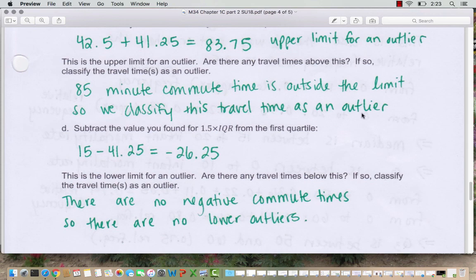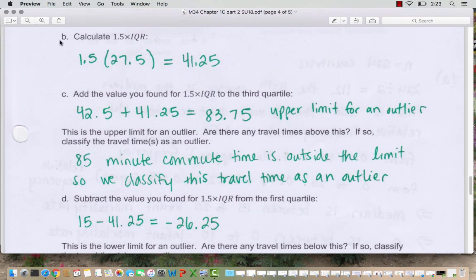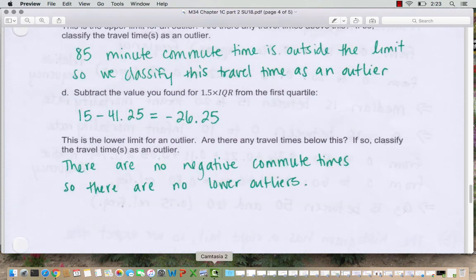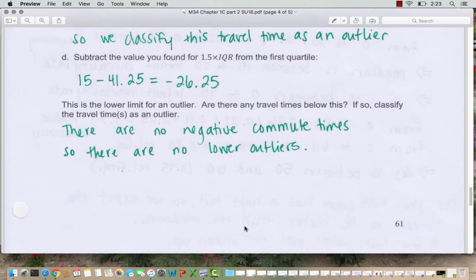That came from the calculation up here in Part B, 1.5 times the interquartile range. We get a negative 26.25. We know there are no negative commute times, so in this case there's no lower outlier. That matches what we saw in the graph, because it didn't look like there were any values far out on the lower commute times. We say since there are no negative commute times, there are no lower outliers.